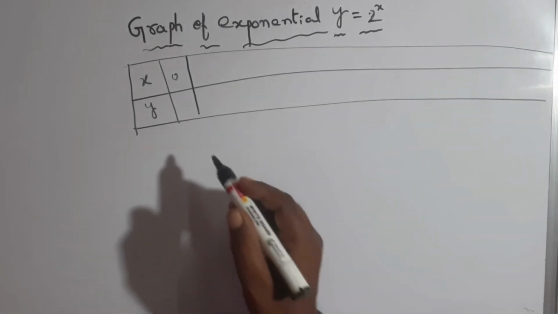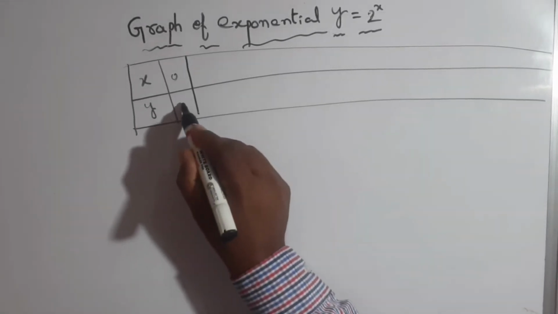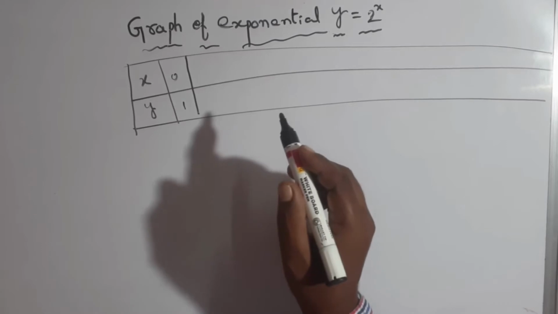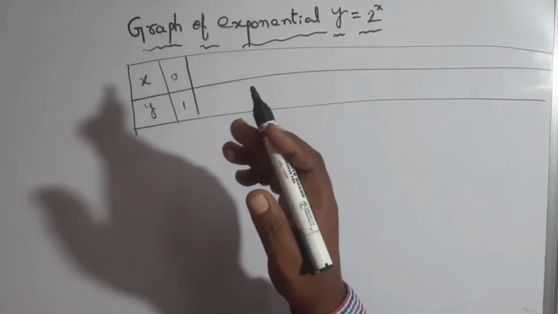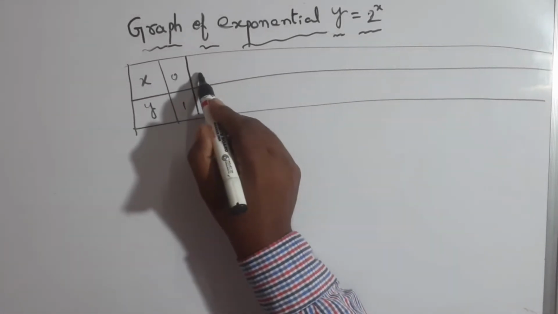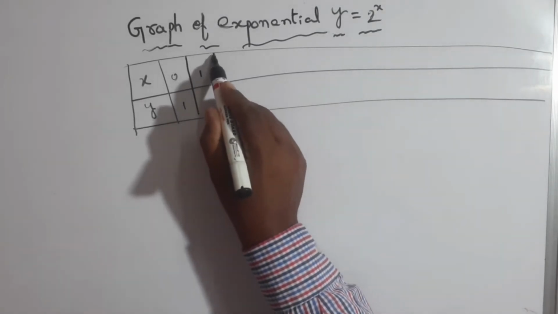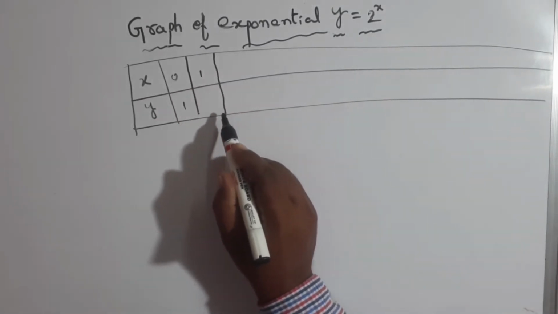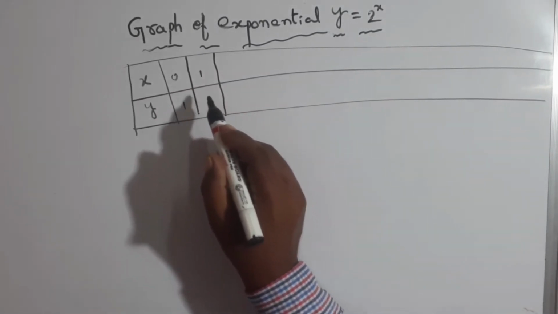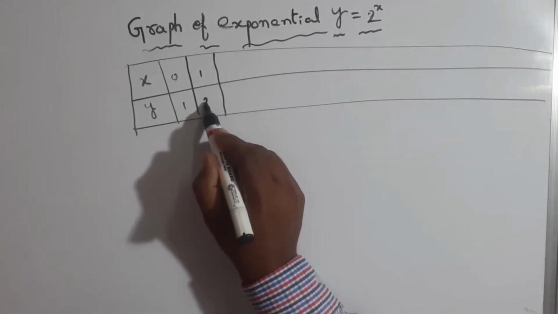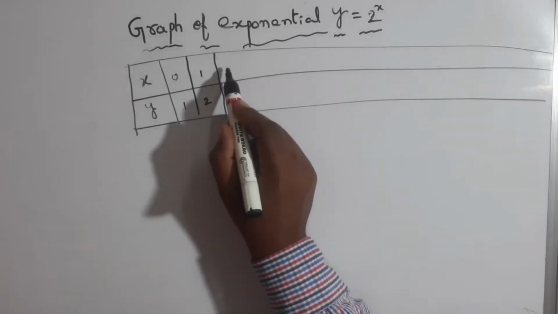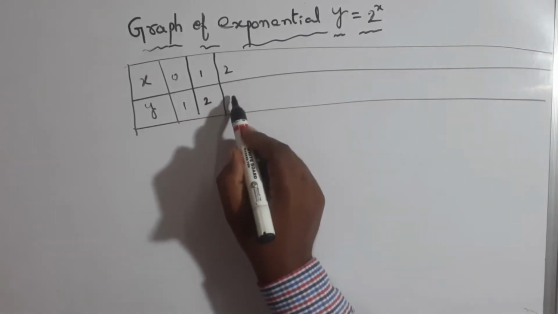See, 2 to the power of 0 equals how much? It is 1. What is 2 to the power of 1? 2 to the power of 1 equals 2 itself. 2 to the power of 2, it is 4.